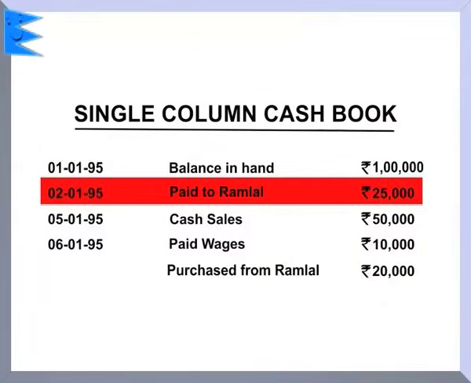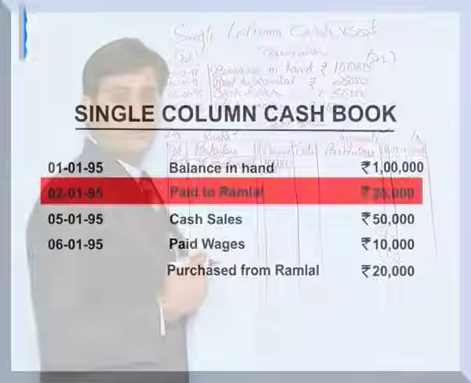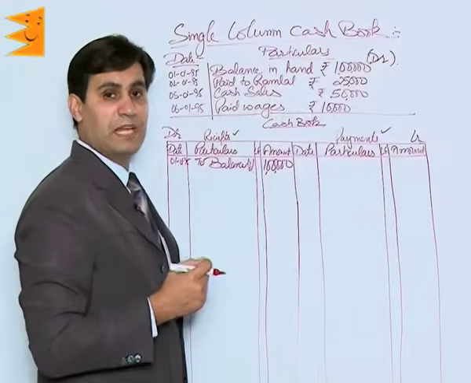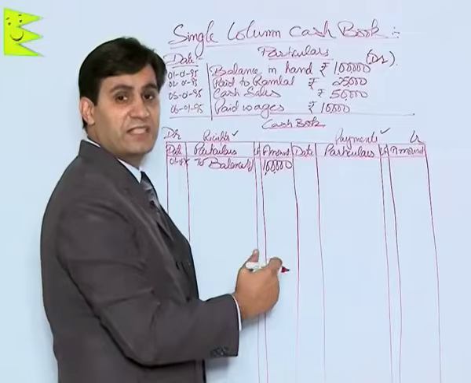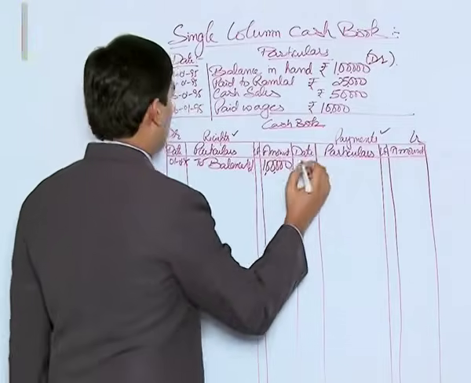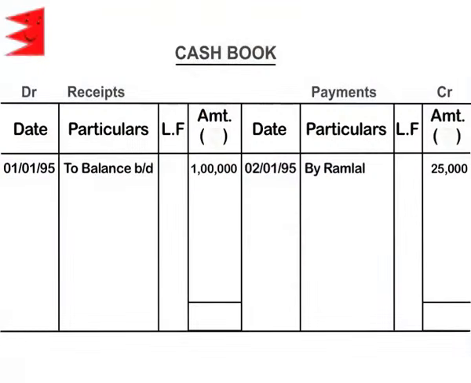In this case, cash has been paid. Since cash has been paid or the payment has been made, it will be appearing on the payment side, and the payment side is the credit side. So on 2nd January 95, by Ramlal, amount is rupees 25,000.